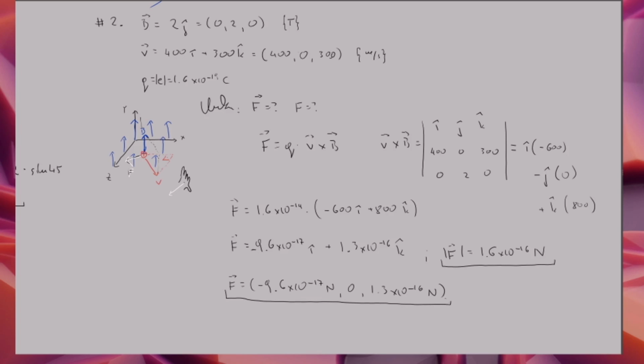Note that this corresponds to the picture we have here. You only have the x and the z components for that vector. I'm not going to draw anything else in here because that will make it too congested, but you only have x and z components for that vector, so it works.